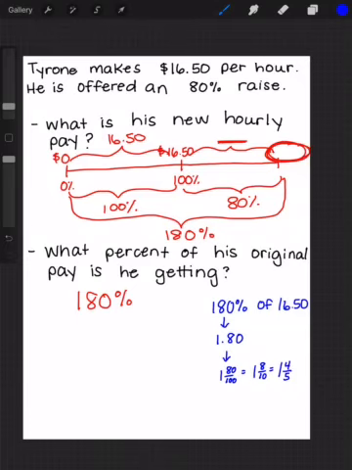Okay, so I can multiply my 1650 by either this or this.